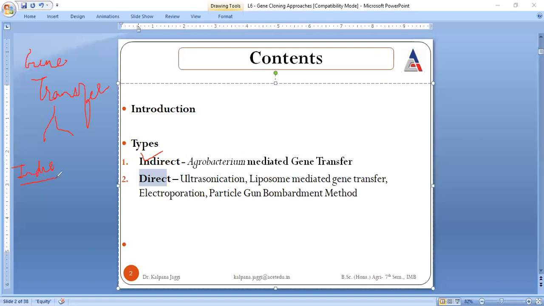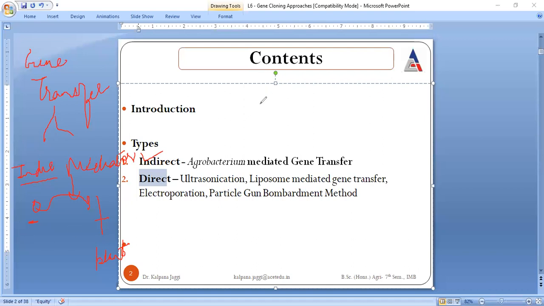Indirect, the name itself is indicating, that means if say this is the gene, then directly it is not being introduced into the plant. If say this is the plant, then the gene is not directly being introduced into the plant. It requires a certain mediator in between, and that mediator is picking up the gene, and later on it is transferring it to the plant. So this is the indirect method, because the gene is not directly being transferred. So this is the reason it is said to be indirect.